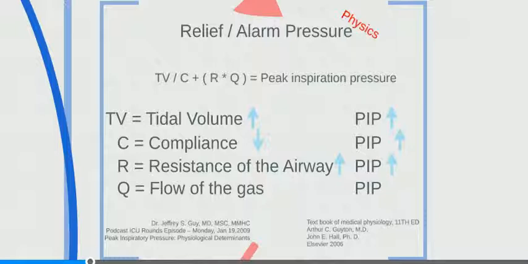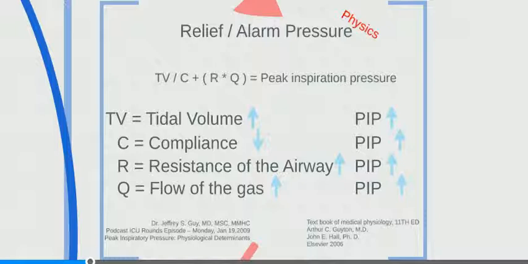Let's go back to the frequency one, because that's an easier one to understand. If we increase the frequency, push air in quicker, what's going to happen to the pressure inside our chest? What's going to happen to that peak inspiration pressure, that PIP? It's going to go up. We just went through four easy ways to understand why your peak inspiration pressure alarm might be going off.